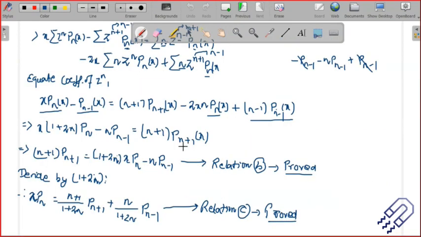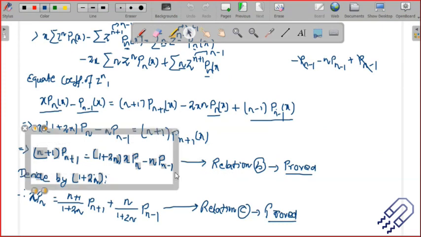Let me take relation B and then we will do it there. Okay, so this is my relation B. Already have it. This is my relation B. Take the page.